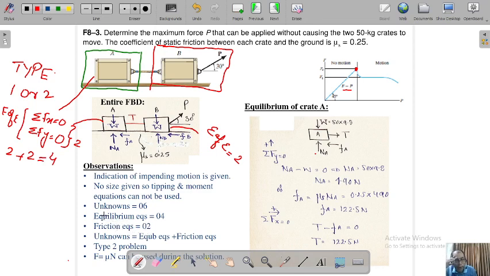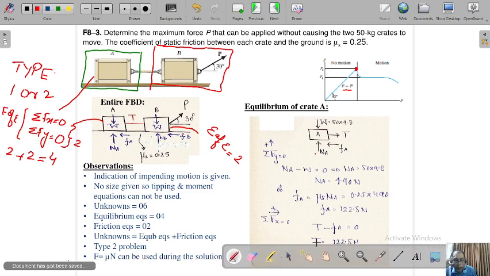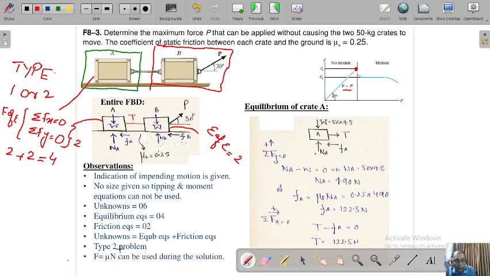So what does it mean? How many unknowns do you have in this system? 1, 2, 3, 4, 5, 6. Unknowns equals equilibrium equations plus friction equations.